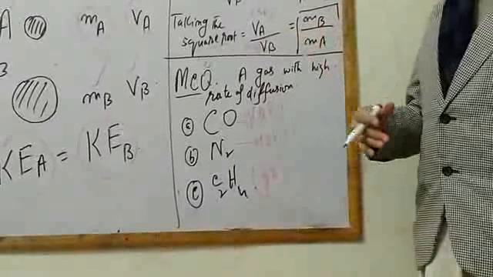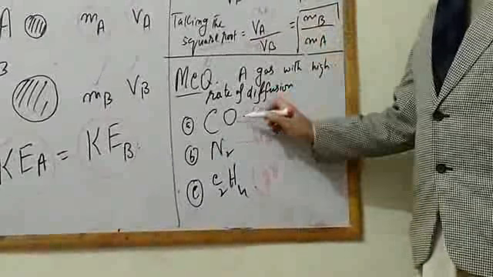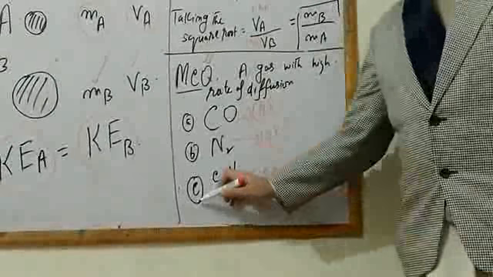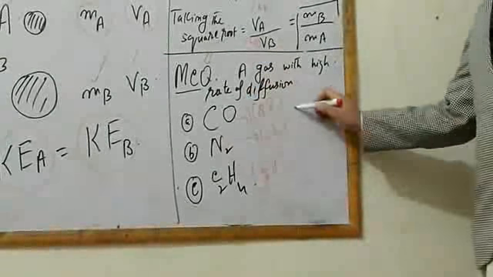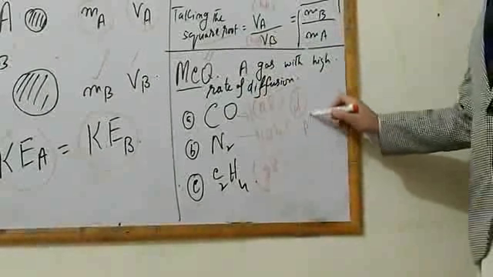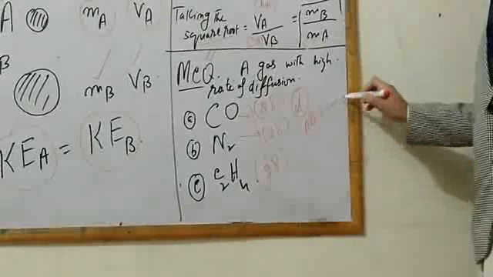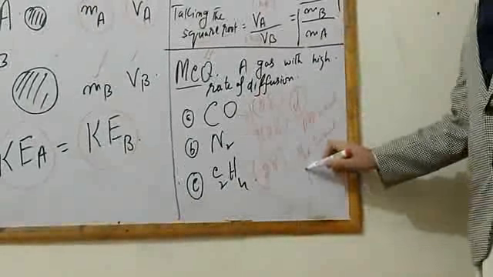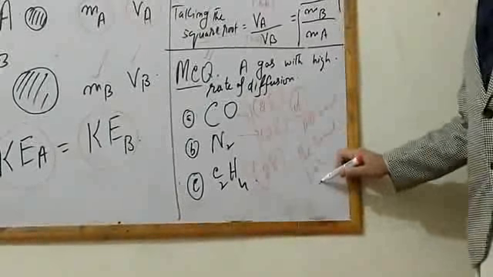You will be one step nearer to the correct choice. For example, if you look over here, it is 28, it is 28, it is 28. I have not included the third option. So the fourth option is all have the same rate of diffusion.